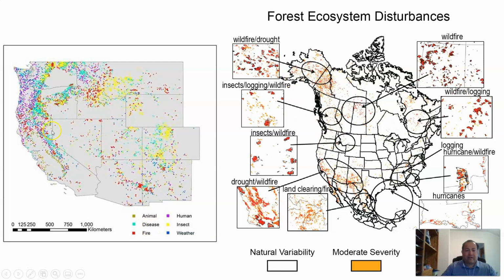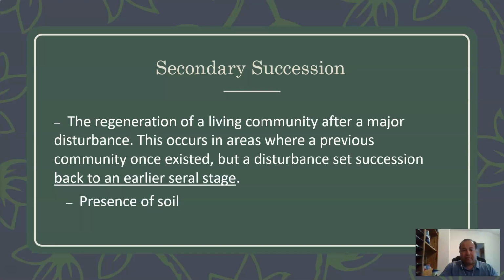And so you can see here for the Western United States, animal disturbances, disease disturbances, fire disturbances, human disturbances, which are logging or people moving into the forest, insect disturbances, and weather disturbances. Lots of different types of disturbances.